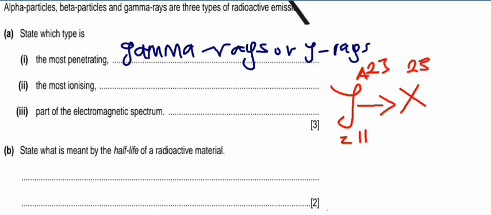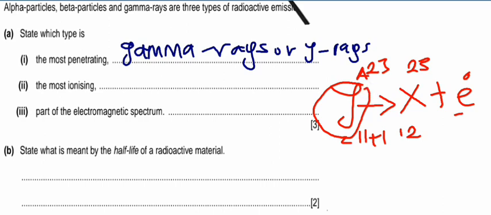So in this case we are just going to have 23, but the proton number will be increased by 1. So in this case we are going to have 12, plus the nature of an electron, which is this one here. As you can see, element Y is gaining an electron, and non-metals gain electrons.